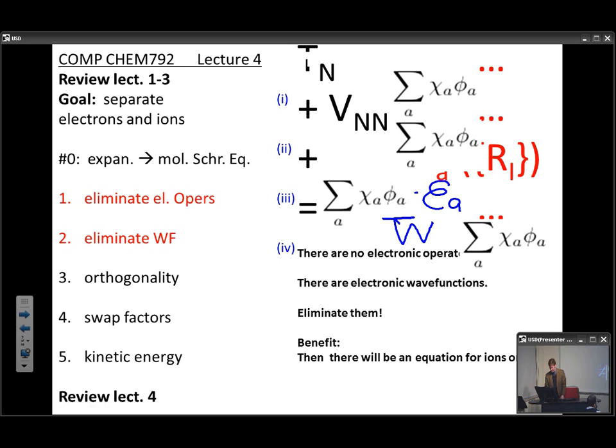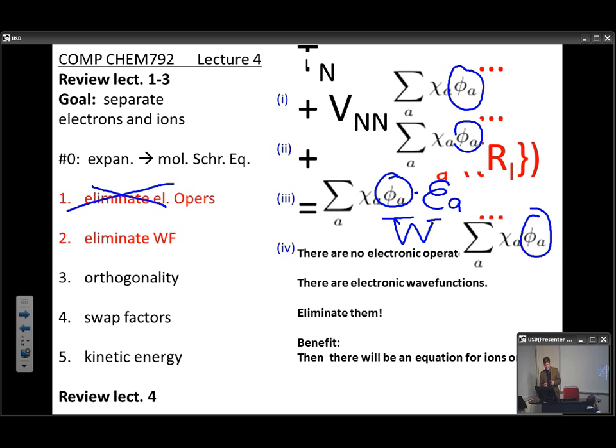Okay, here we have W. So we are done with eliminating the electronic operator. Now we do have these electronic wave functions across the equation. We are going to do something to get rid of them.